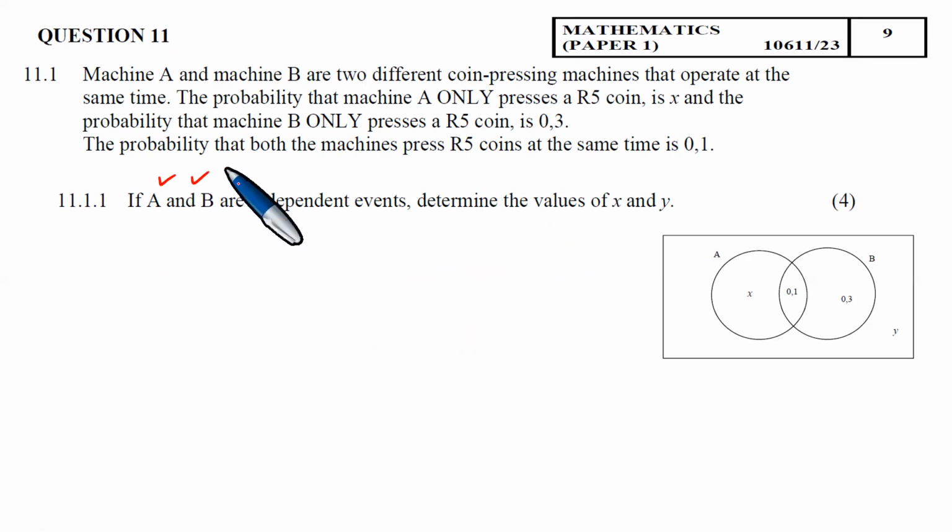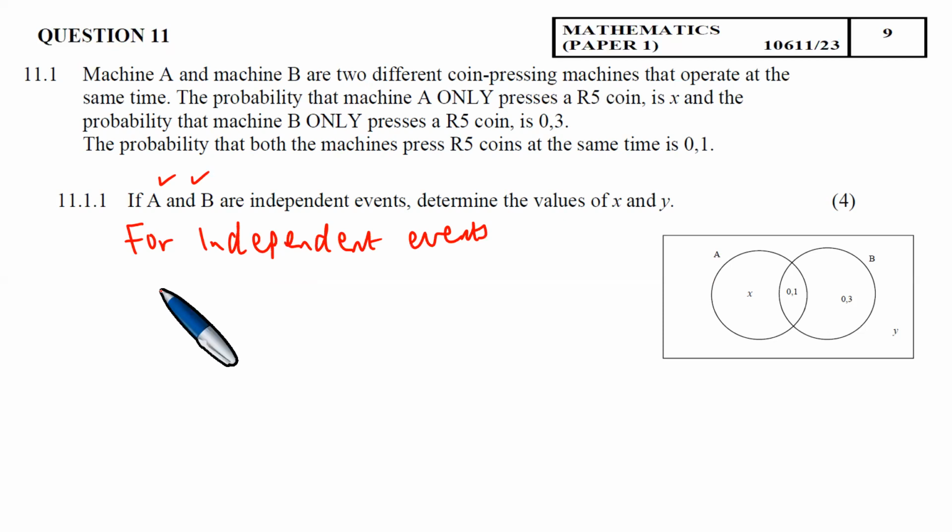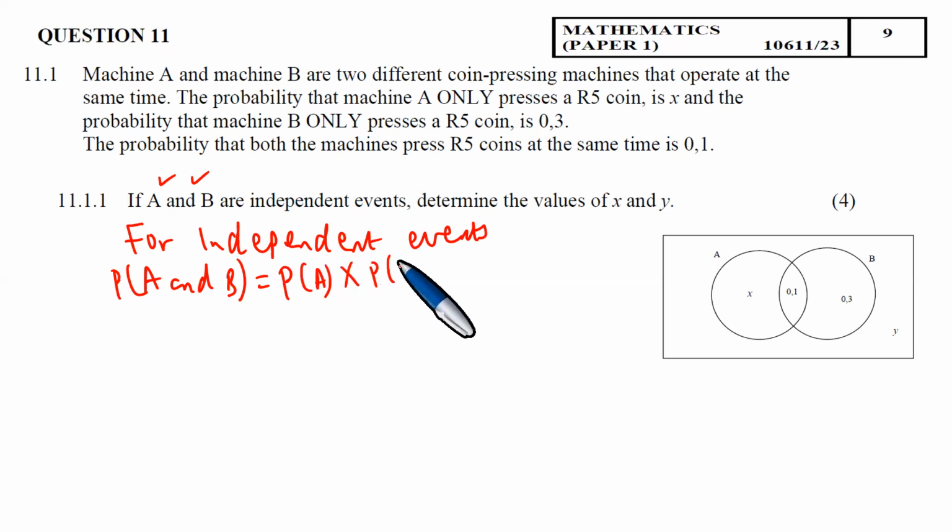We're looking at A and B as independent events, which means for independent events we proceed as follows: the probability of A and B is the probability of A times the probability of B. This is sort of the diagram we have.